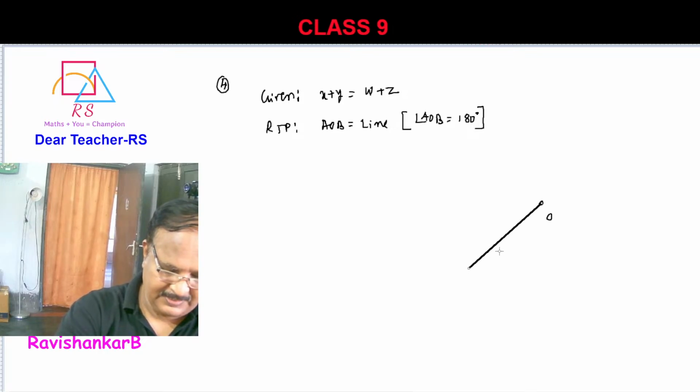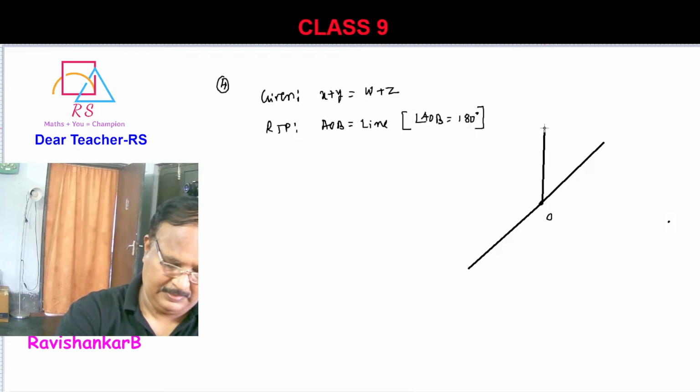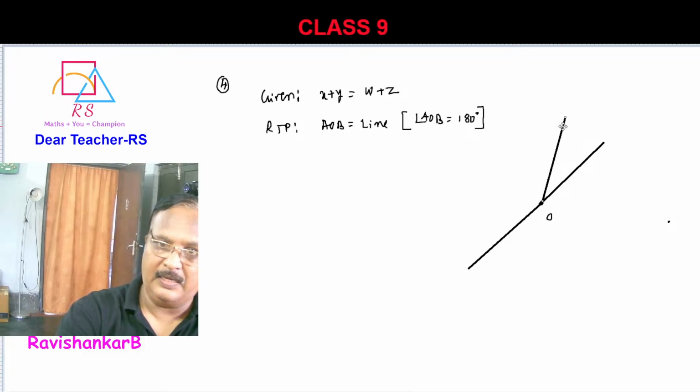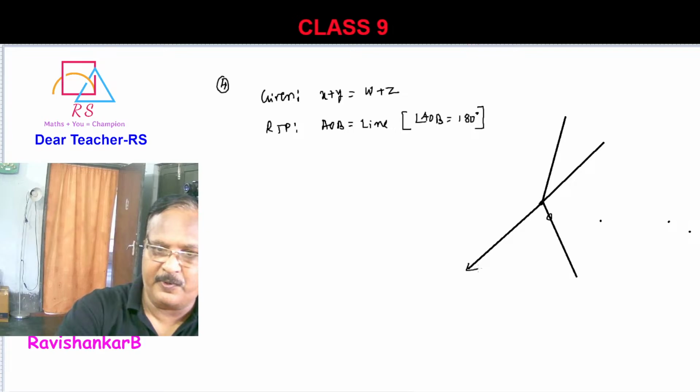I will put the arrow marks later. And then OB. We don't know whether this is a line or not. OB. And then OC. And then OD. Okay, let me put the arrow marks and label the points also.